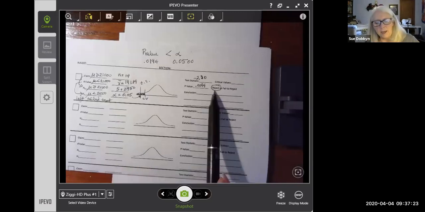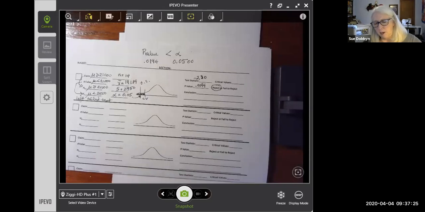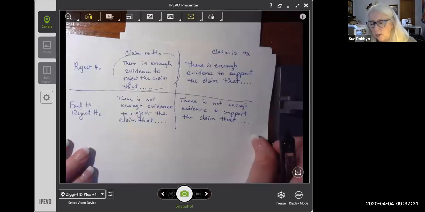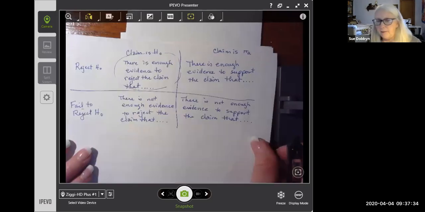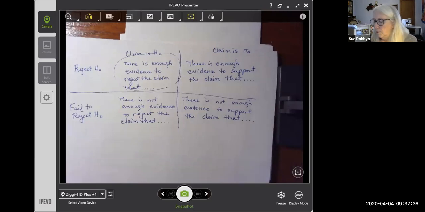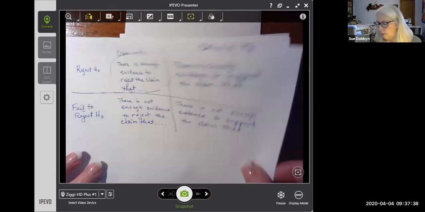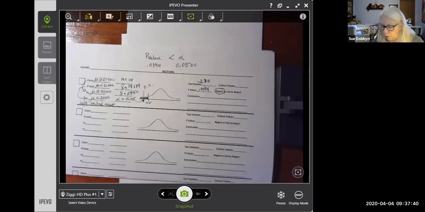This text box is actually on page 356 of your text, but here it is. And if you don't already have this in your notes, then you should take a picture of it right here, okay?